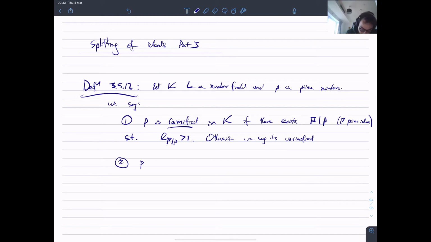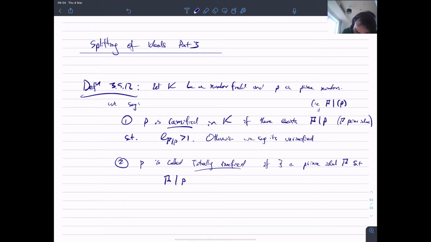2 is somewhat similar. p is called totally ramified if there exists a prime ideal, again, P such that this divides p, i.e. pO_K is P to the n, where n is the degree of K. This is what I mean by this notation.